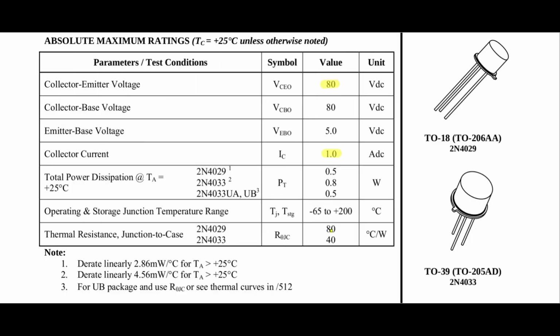The thermal resistance junction to case is around 40 to 80 degree centigrade per watt. It is similar to the 2N3019, which is around 35 degree centigrade per watt.